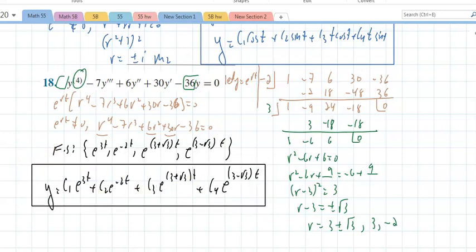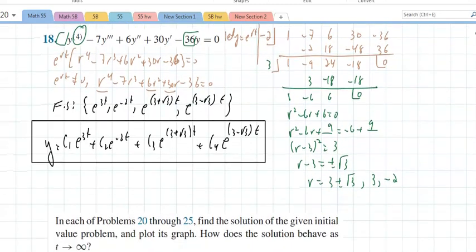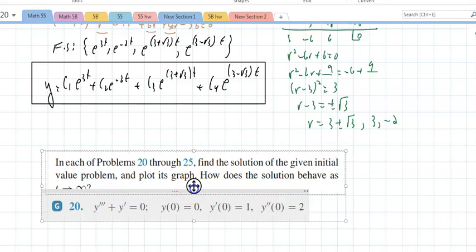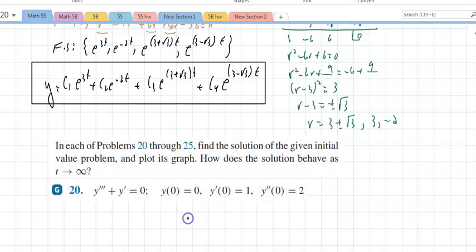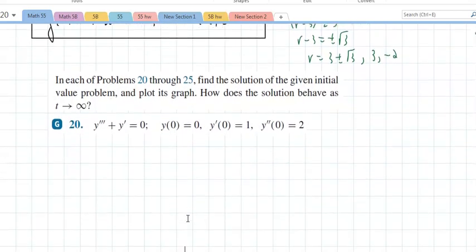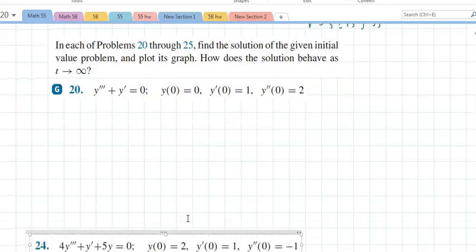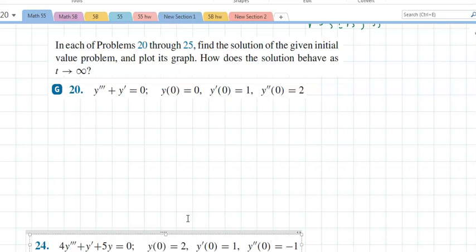What do you think is coming up in section 4.3? The homogeneous and particular. And number 20. They would like us to find the constants. Not a problem, we could do that.